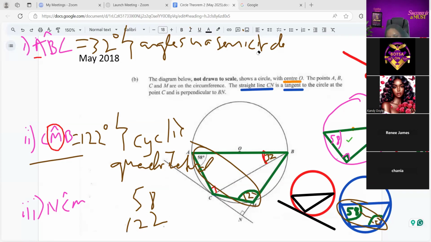As long as you know one of them, like how we knew the one that's 58 degrees, all you have to do is take 180, because both of them must give you 180 when you add them, take away the 58 and you get what the other one is. So I don't know if that answered your question. I hope it did. If it didn't, let me know.